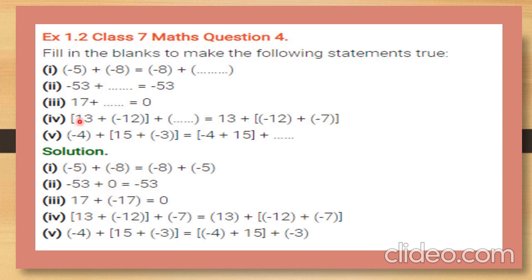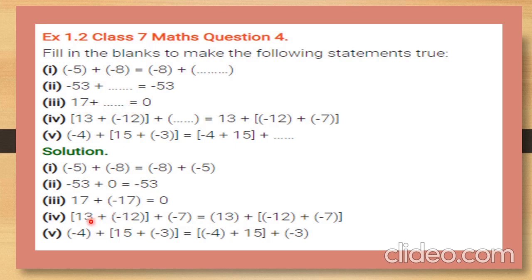Now third, 17 plus blank equal to 0. Let me recall the additive inverse which we have discussed in the introduction part. What is additive inverse? Same number with opposite sign. So when we add an integer and its additive inverse, you get 0. So 17 plus minus 17 equal to 0. So answer is minus 17.